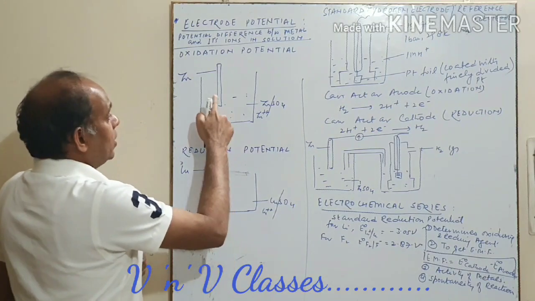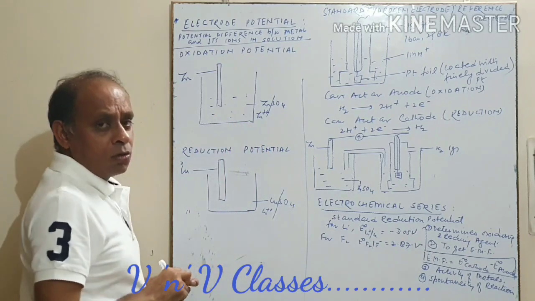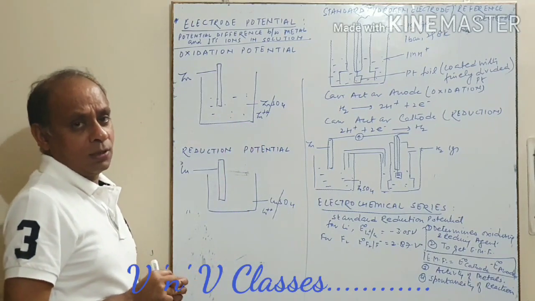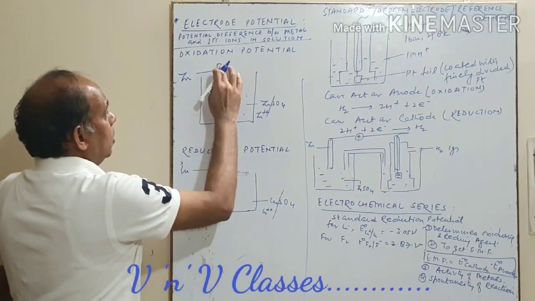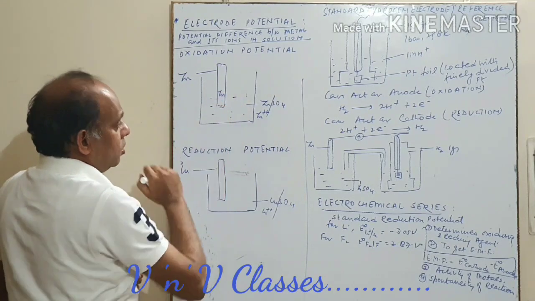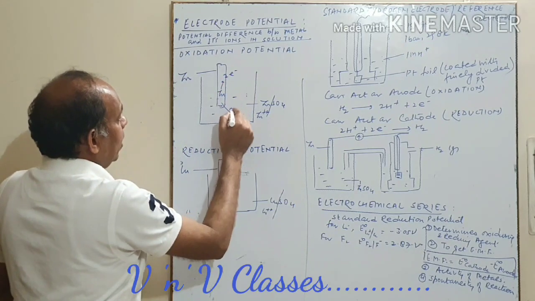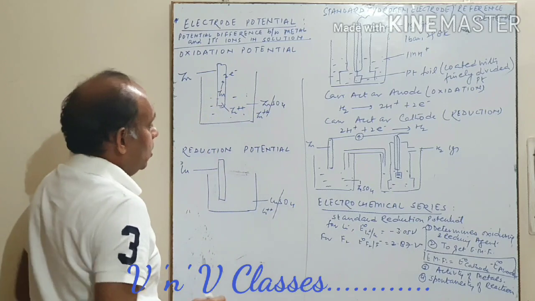In case the zinc rod is dipped into zinc ions, it prefers to undergo a process called oxidation. What does it mean? In this zinc rod, zinc oxidizes, releases electrons, and zinc ions move to the solution.